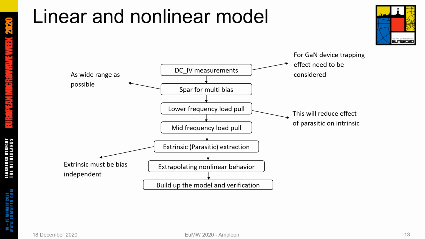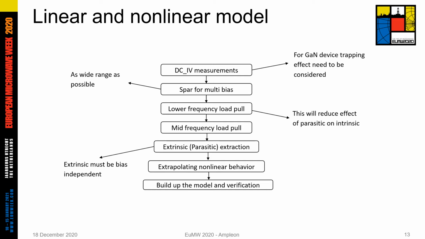It actually starts with the DC IV measurements. This can be very straightforward. The only matter is that for silicon technology and gallium arsenide, it's fine. For GaN devices, due to the trapping and thermal effects, you need to be careful which type of measurements you are doing and what you will get.